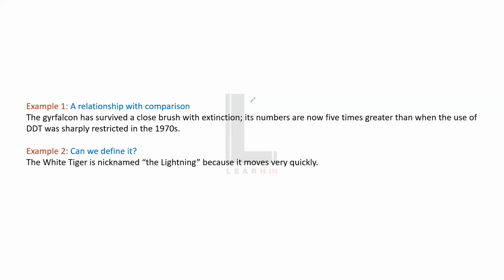Let us see this. Its numbers are now 5 times greater than when the use of DDT was sharply restricted in the 1970s. Are we comparing the right things? What are we comparing? First of all, what are we comparing here?